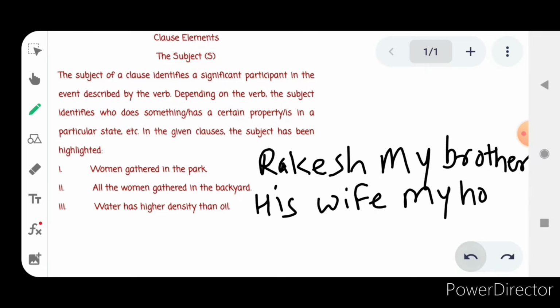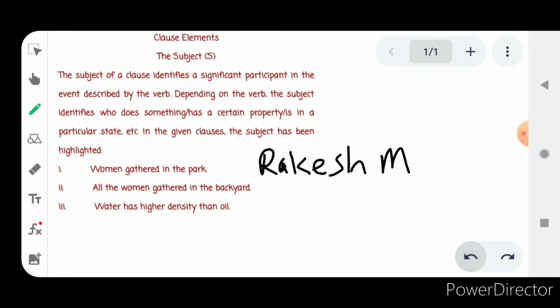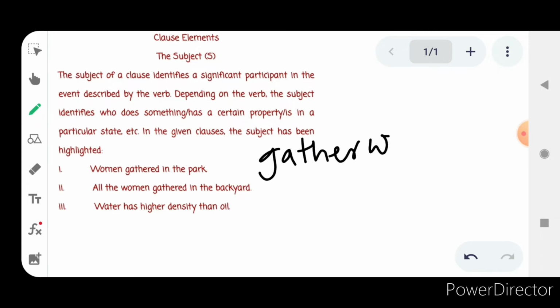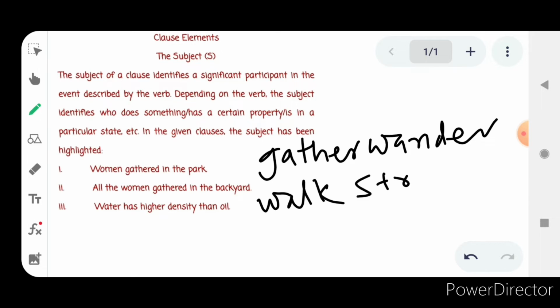Even if I say like this, if I choose many verbs and I try to consider them as the words: gather, wander, walk, strike, went.